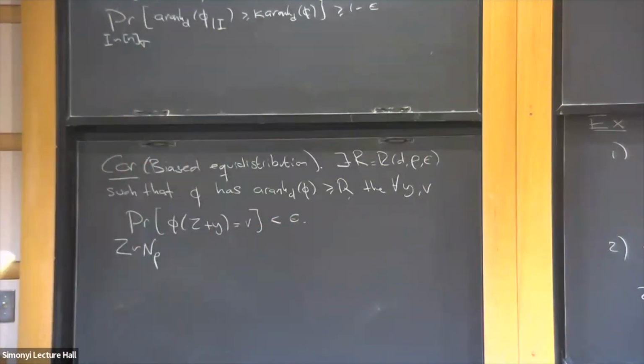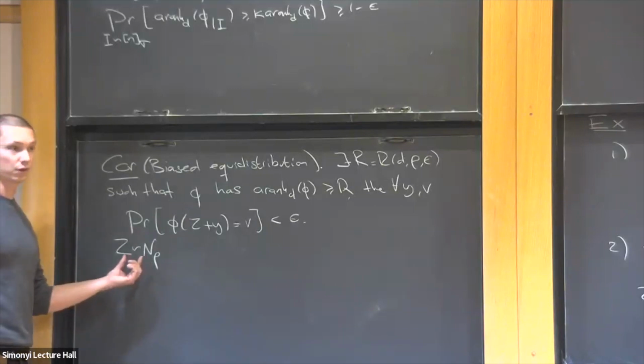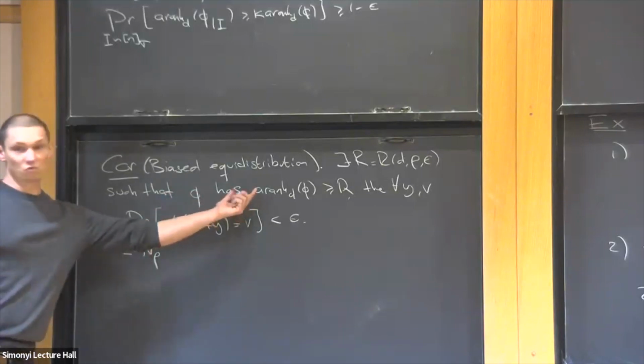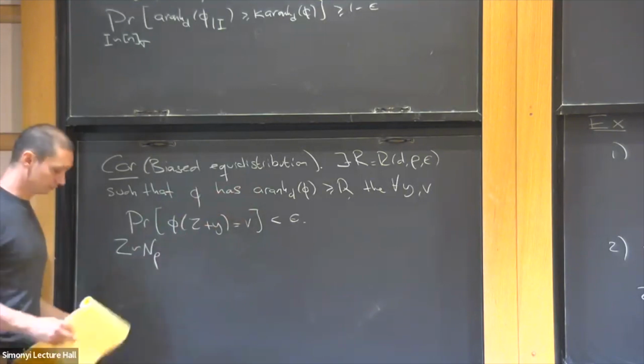Okay, so this is like an equidistribution, but for biased inputs for regular phi, if you will.